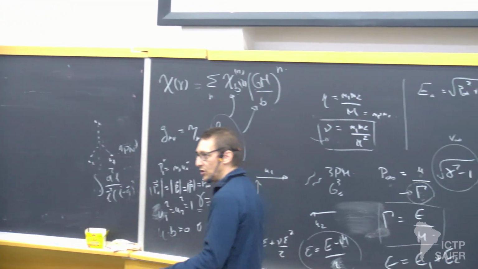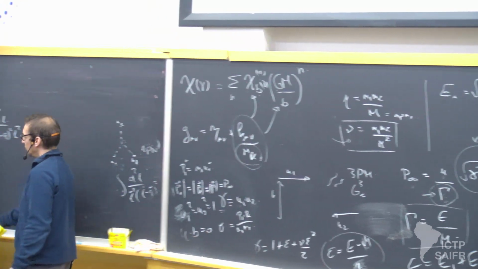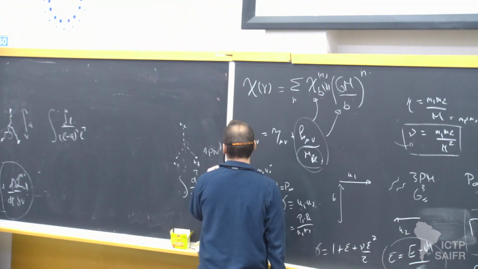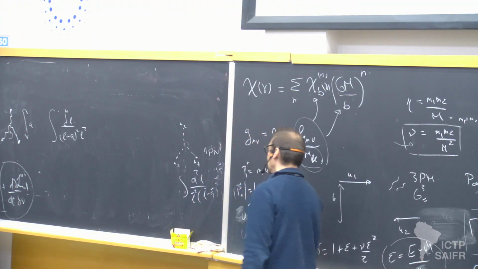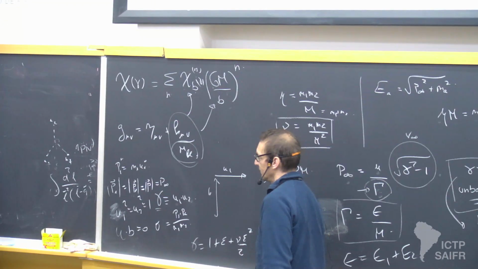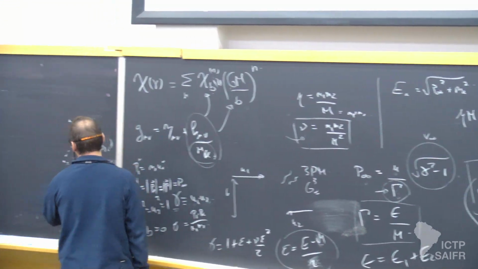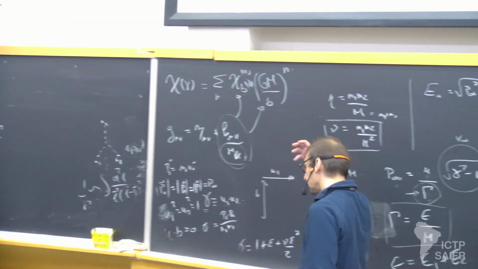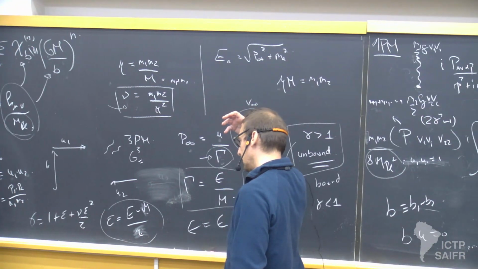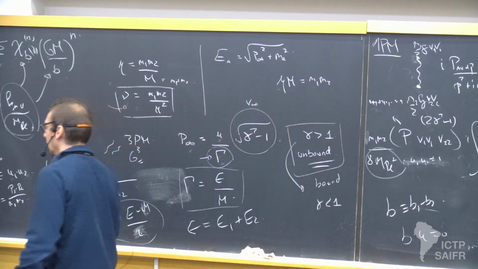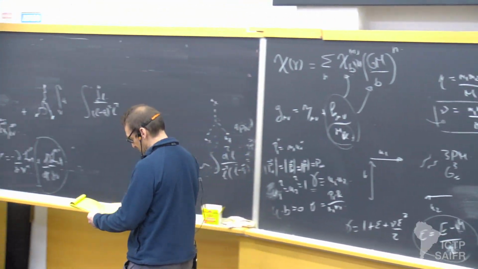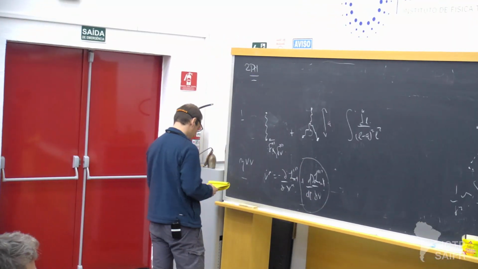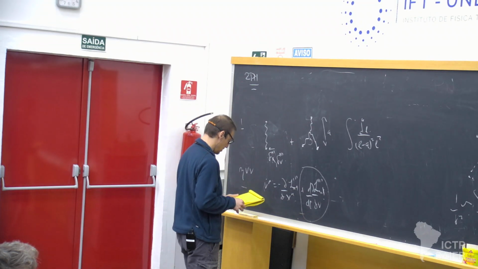And instead of doing a Fourier transform to impact parameter space and integrating and so on, here you have some potential, which will give you the 1 over r squared potential. Do I have the answer to this integral? Probably don't. Yes.